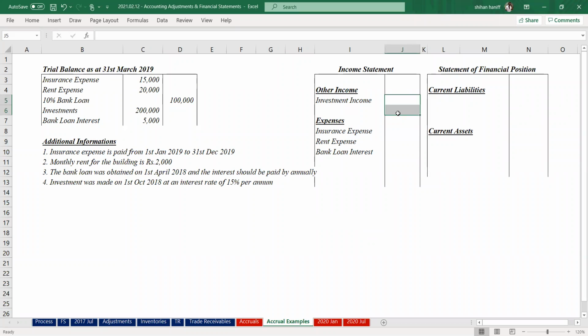Once you are done, you can tell me the amounts. Investment income, insurance expense, rent expense, bank loan interest, and what are the current liabilities and what are the current assets.